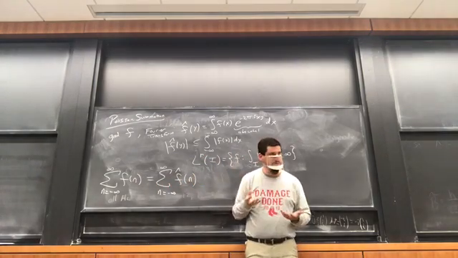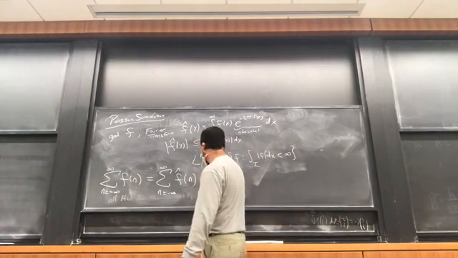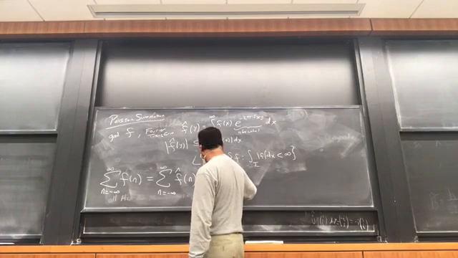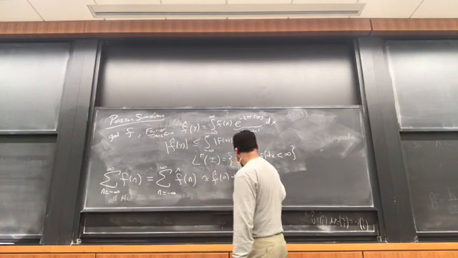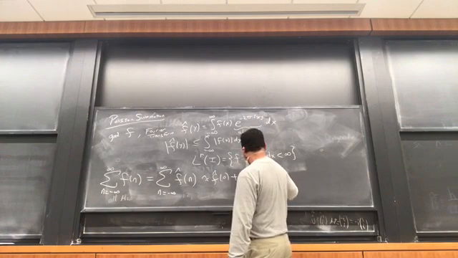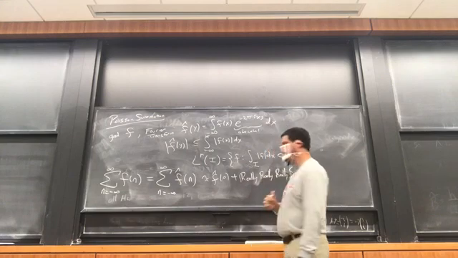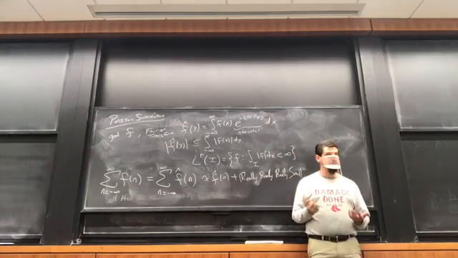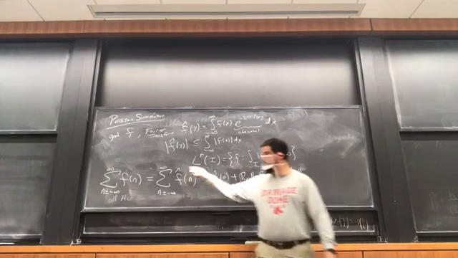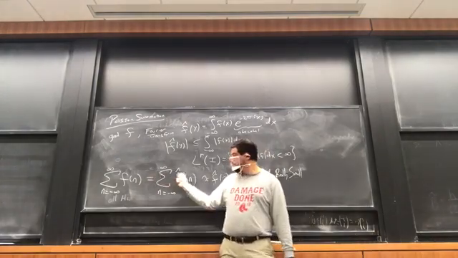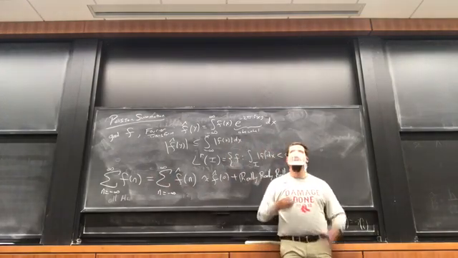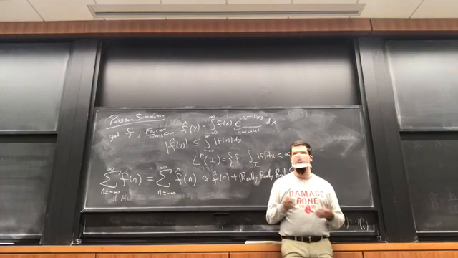So rapidly, in fact, that this is essentially f hat of 0 plus really, really, really small. And if that's the case, then we can get an incredibly good estimate of this by just looking at one term. I can sum one term. That's not so bad.